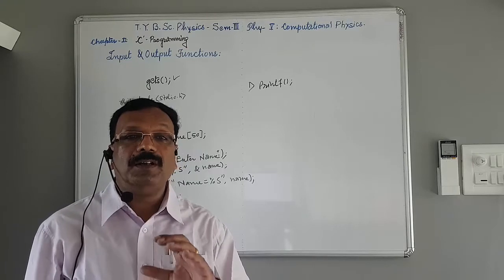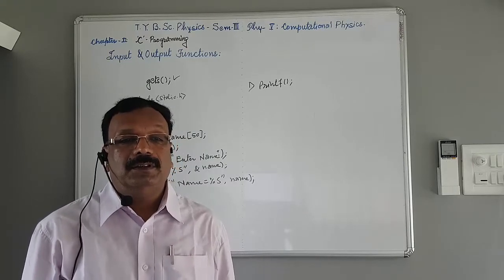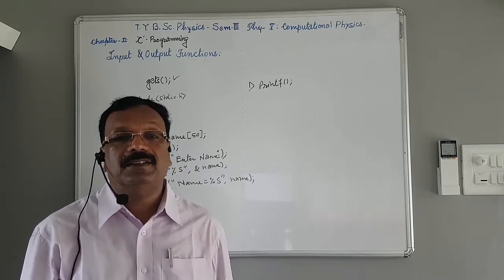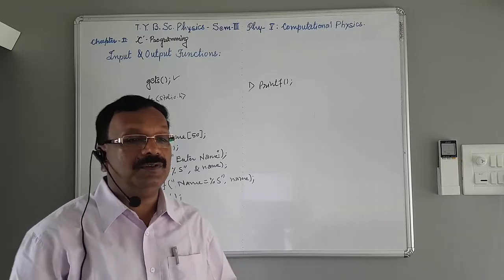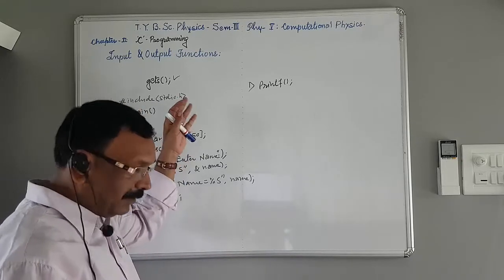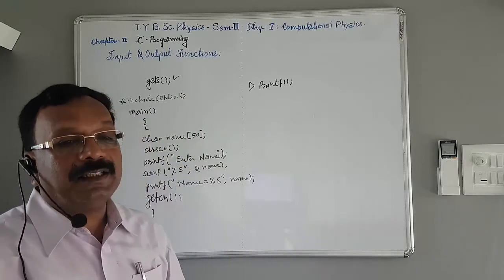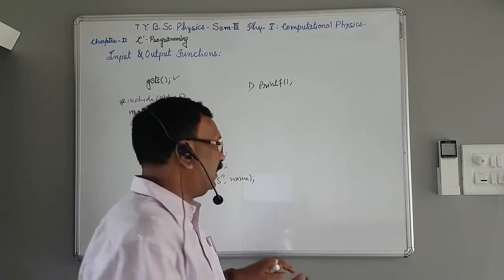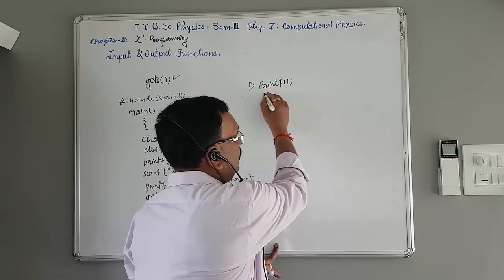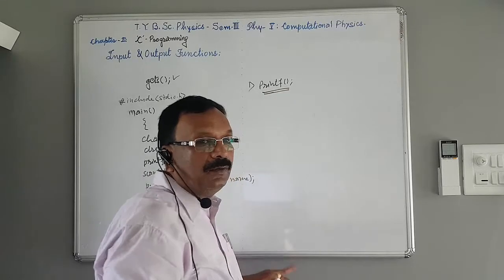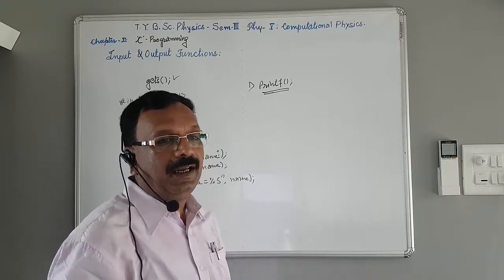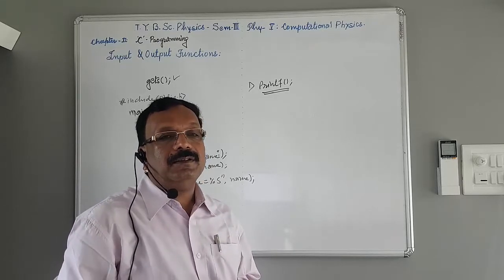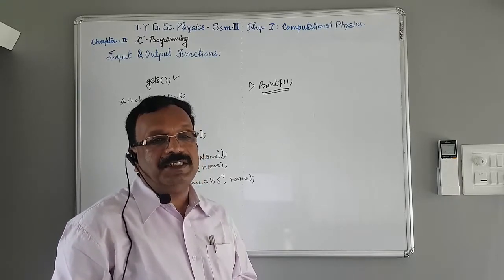The more common format specifiers are as follows. Just like we saw in the scanf function, in this statement also we use the control string, which is called the format specifier.